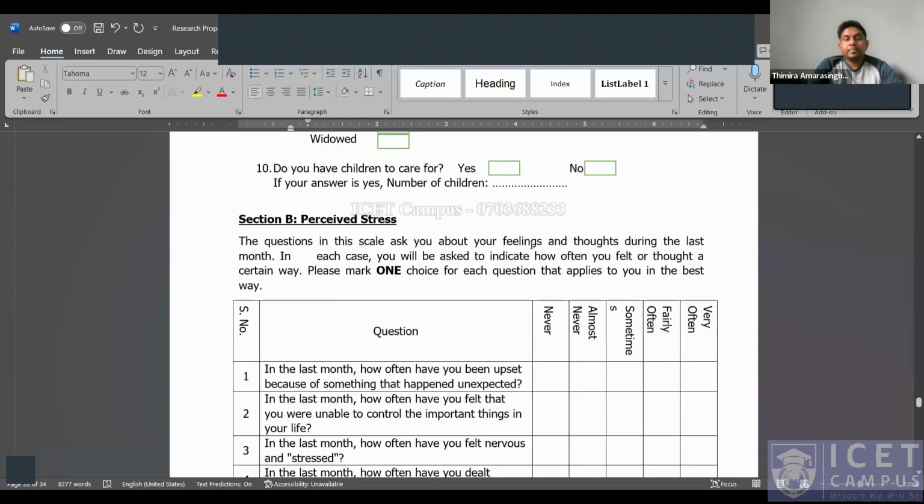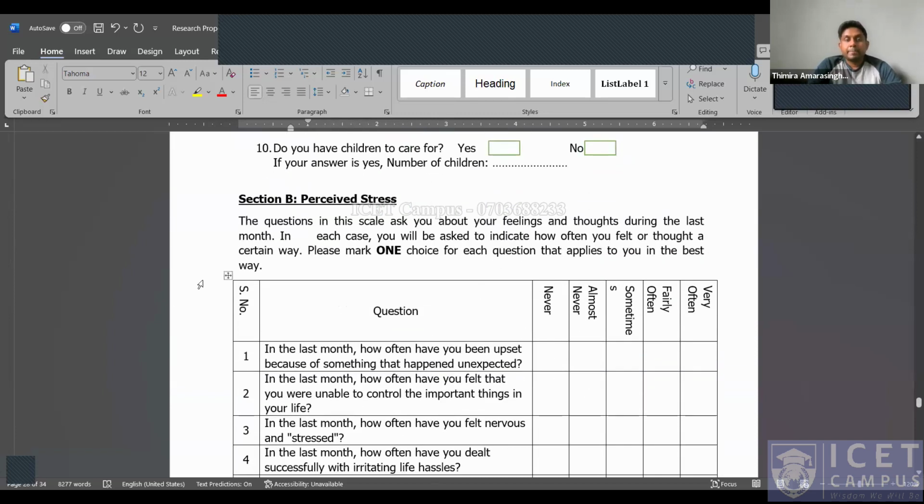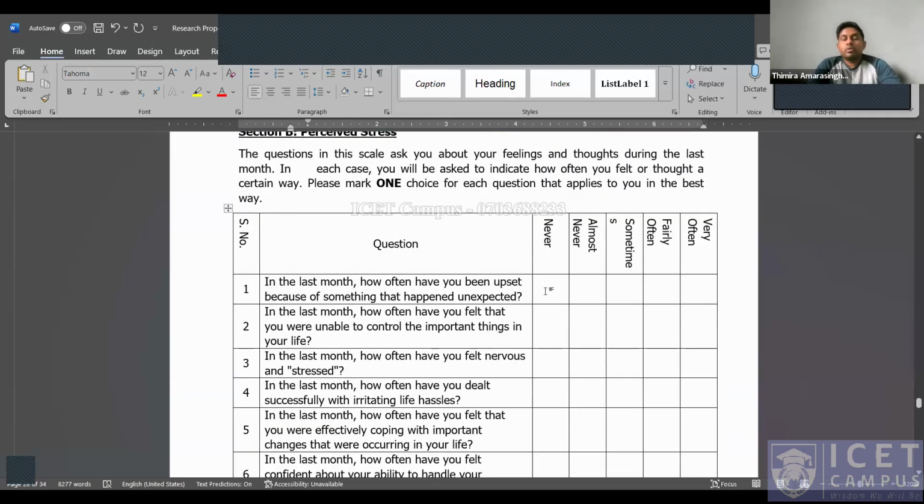And here, as you can see, this is a Likert scale. There's a Likert scale like very often, fairly often, sometimes, almost never, never. So these can also be put as numbers. Very often, number 5, never, number 1.